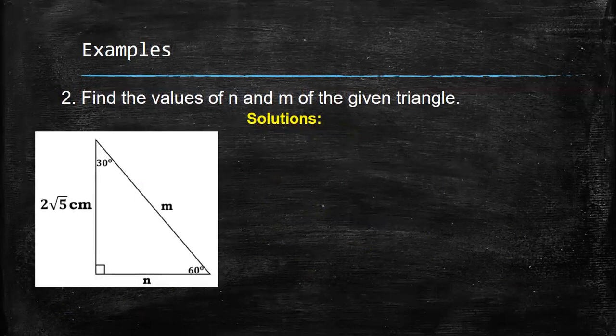Next, example number 2. Find the values of n and m of the given triangle. So our given is 2 square root of 5 centimeters, and m and n. We need to determine which is the hypotenuse, shorter side, and longer side.